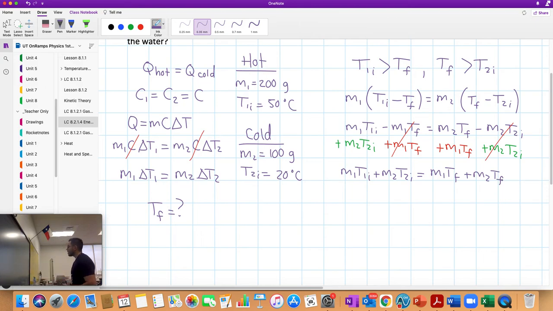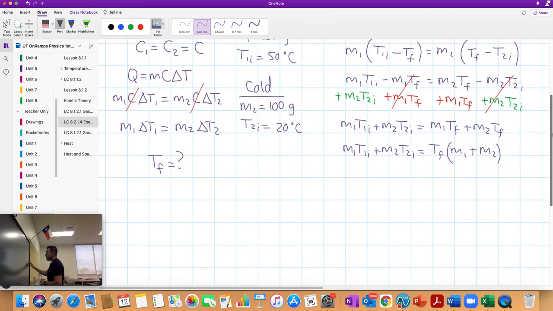We're trying to find the final temperature. So we can factor out final temperature on the right side. It'll look like this: M1 temperature 1 initial plus M2 temperature 2 initial equals temperature final, parentheses, mass 1 plus mass 2.